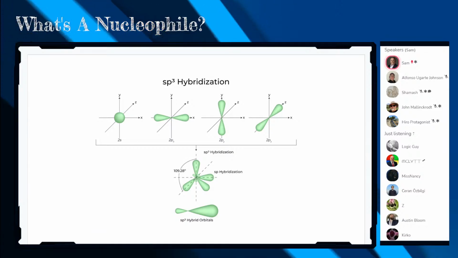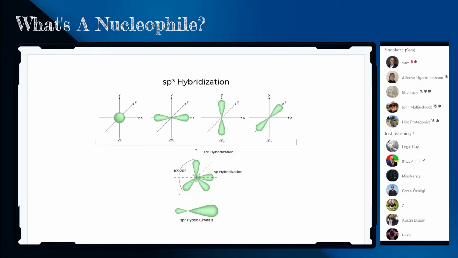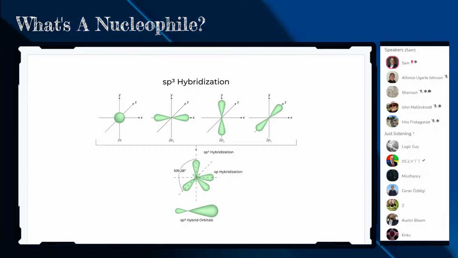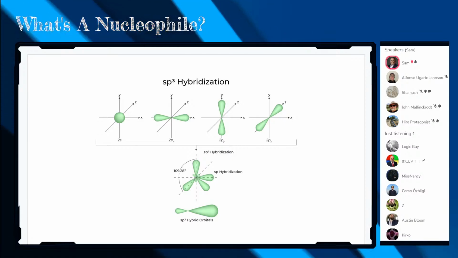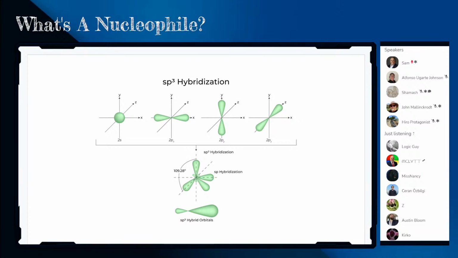Now, what do we call molecule 2? Its positive is getting attracted to the negative of the other one. This is electrophile, meaning it loves electrons. It loves the negative charge. So we do have electrophilic reactions, and we do have nucleophilic reactions.